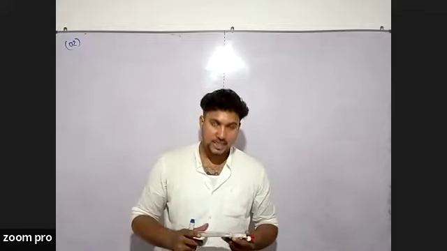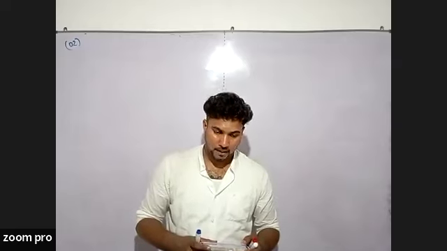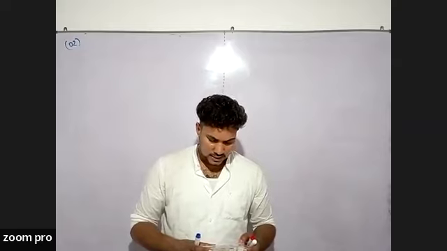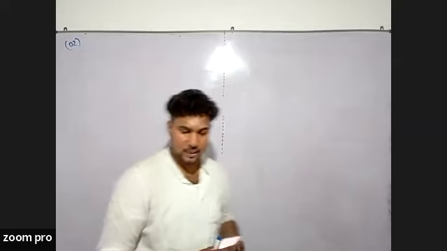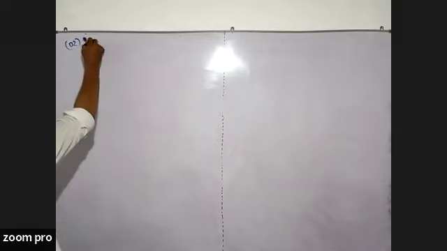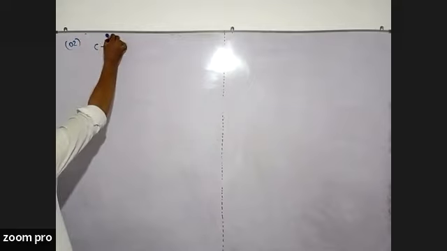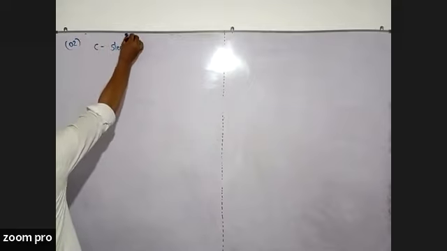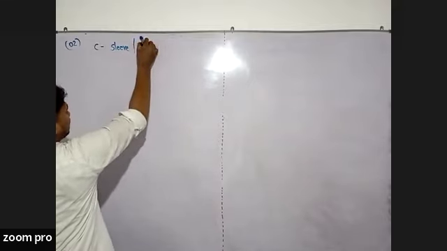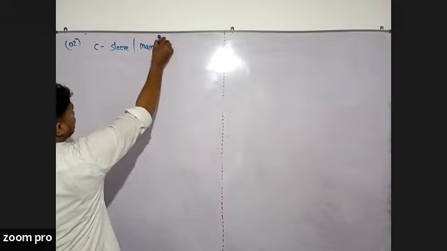A should be the anvil, B should be the spindle, C can be considered as the sleeve. Some of you might label it as the main scale or linear scale.